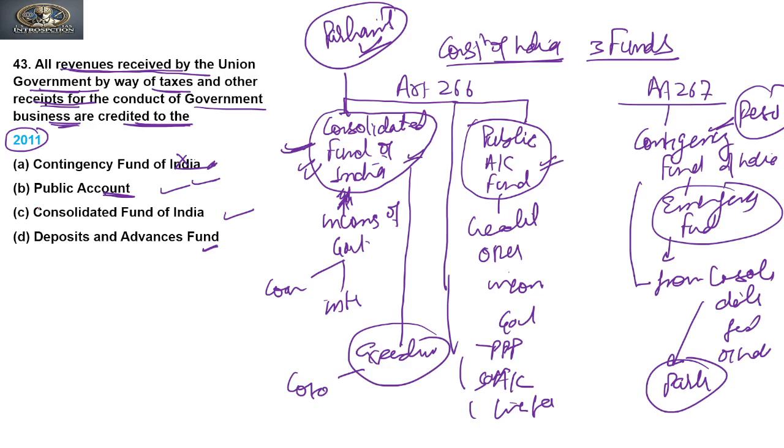So the answer to this question is the Consolidated Fund of India, which is the main fund into which all the incomes of the government are credited and from which the government spends. Because of this, withdrawal is subject to parliamentary approval through an appropriation bill. Clear? So this is the answer to this question.